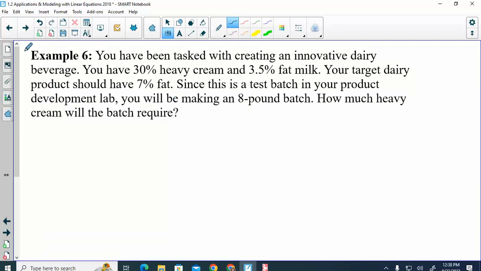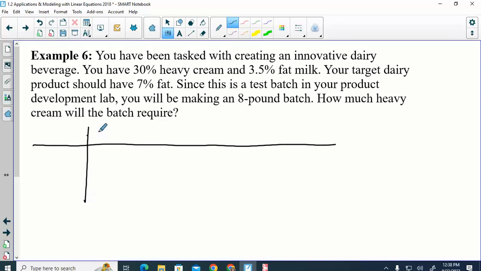I'm pretty sure I took this question off a food science contest question when I was helping them, so just so you know. Since this is a test batch in your product development lab, you will be making an 8-pound batch. How much heavy cream will the batch require? Times concentration.